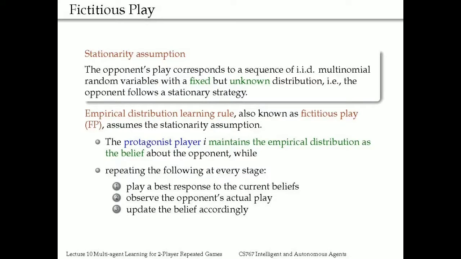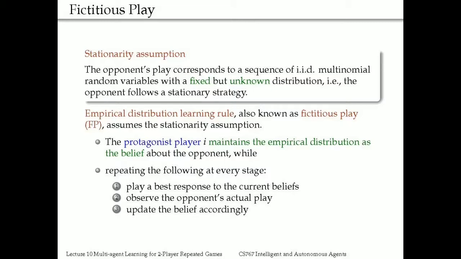And we implement this rule, which is called the empirical distribution learning rule, also known as fictitious play, but I like to call the former because I think it gives out the essence of this algorithm. So essentially, it's just trying to learn the empirical distribution, and it is using the empirical distribution to approximate the hidden, true distribution that is adopted by the opponent.